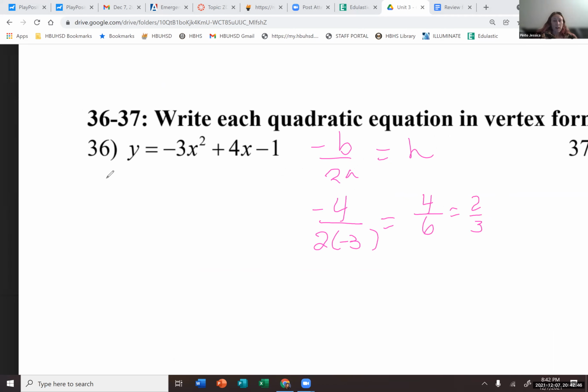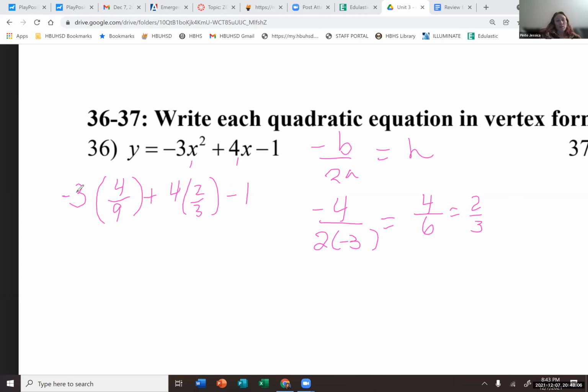Ugh, okay. So whatever, I just need to plug that in as the x value. -3 times (2/3) squared. So squaring 2, I get 4. Squaring 3, I get 9. Plus 4 times 2/3 minus 1.